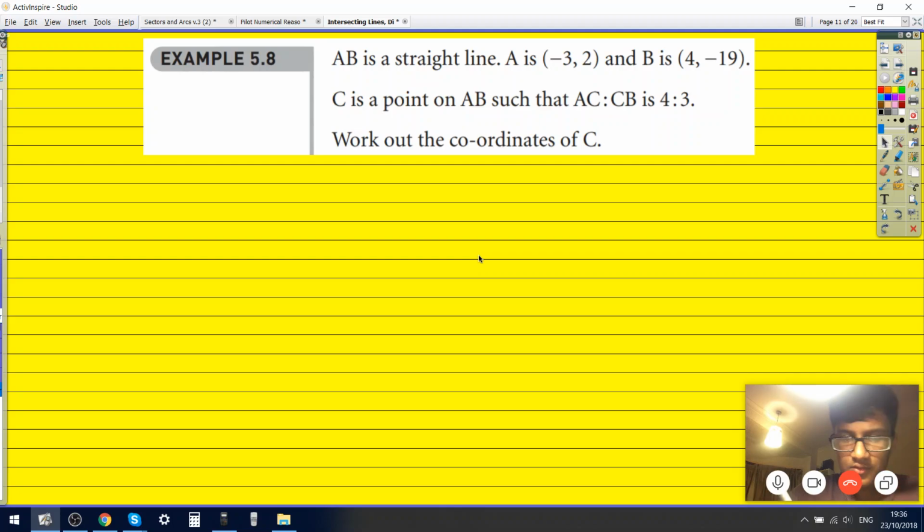Okay, so minus 3, and that would be 4. This is not bad. Minus 19.